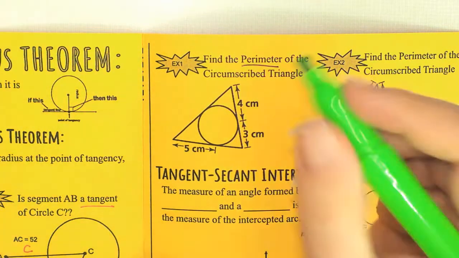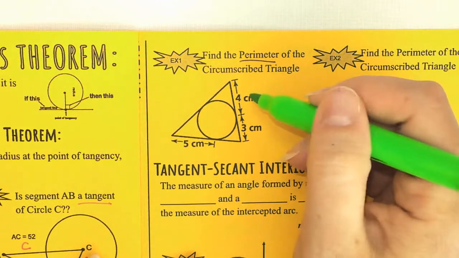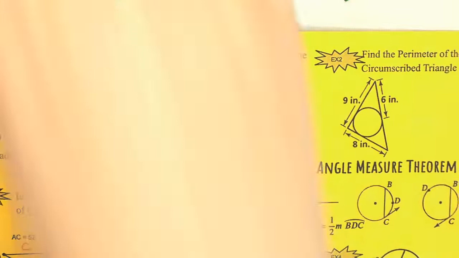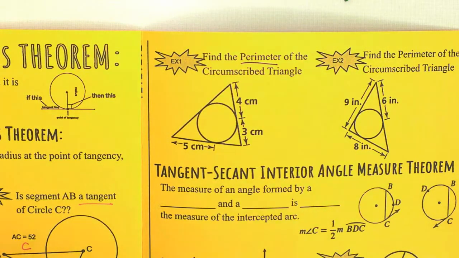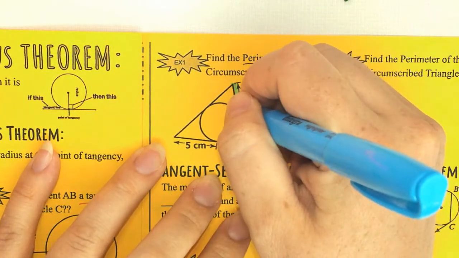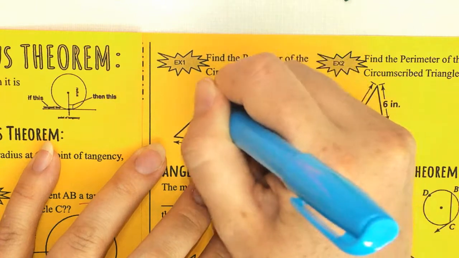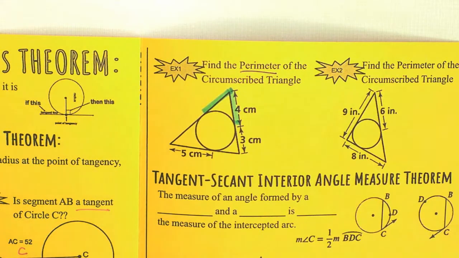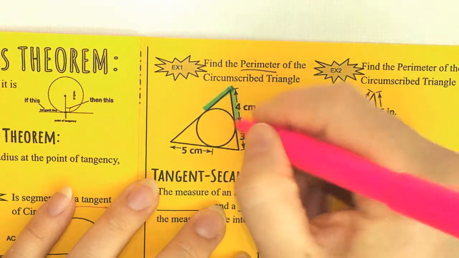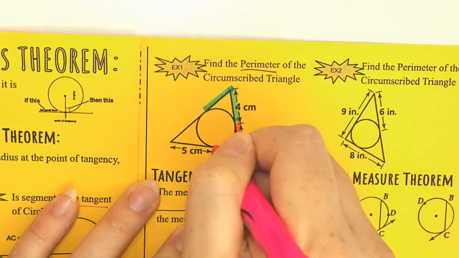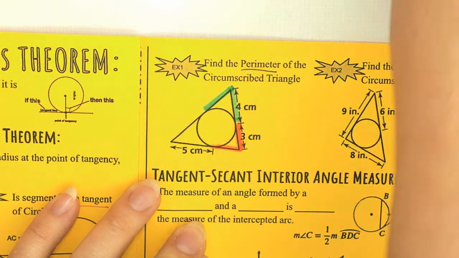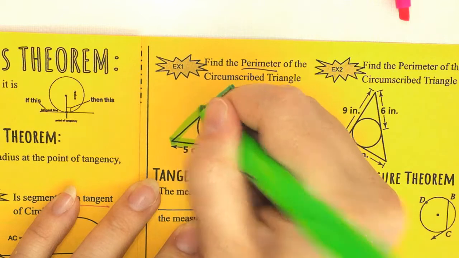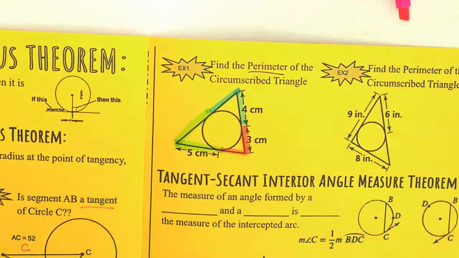So all of the tangents that intersect in a place outside of the circle are going to be congruent to each other. So this piece right here is going to be the same as that piece. This piece right here, which is 3 centimeters, will be the same as this piece. And then this piece right here, which is 5, will be the same as that piece.